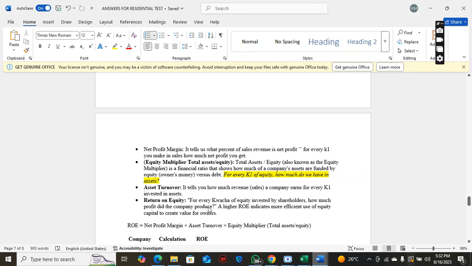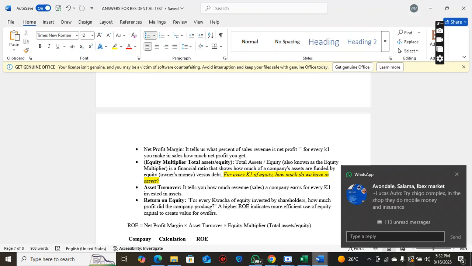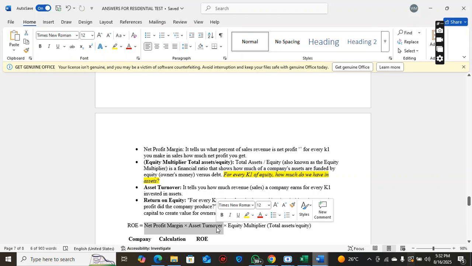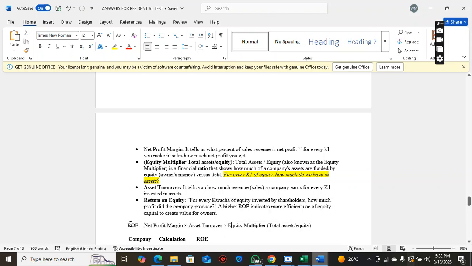So when you have been given the net profit margin, the asset turnover, and the equity multiplier, that's how you get your return on equity, by multiplying net profit margin, asset turnover, and the equity multiplier.